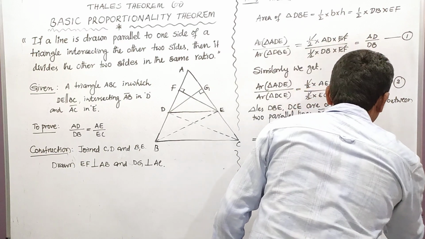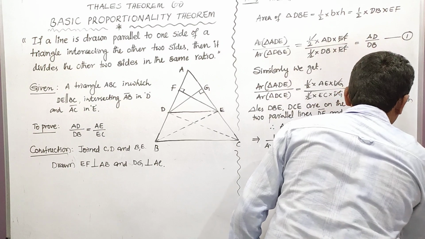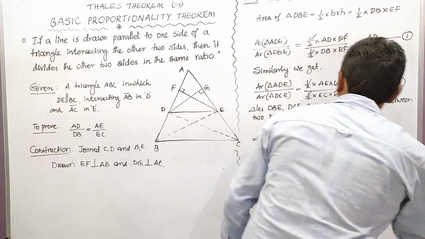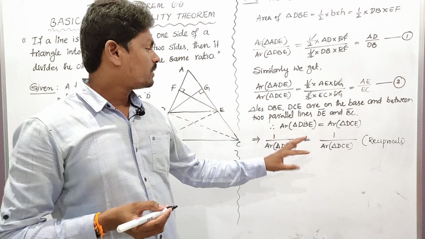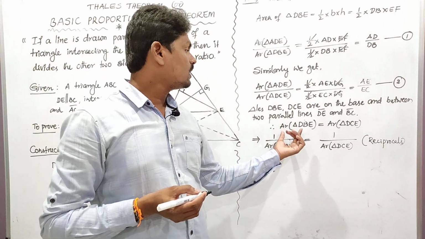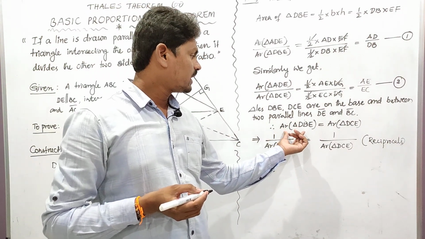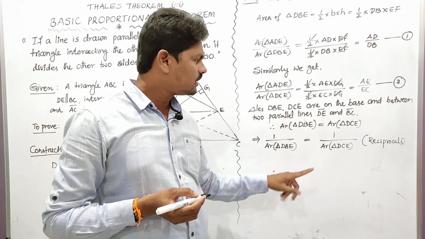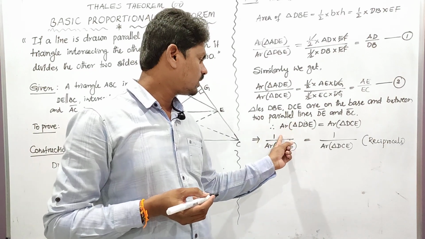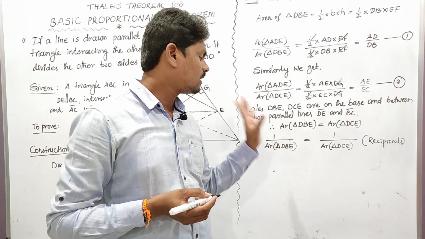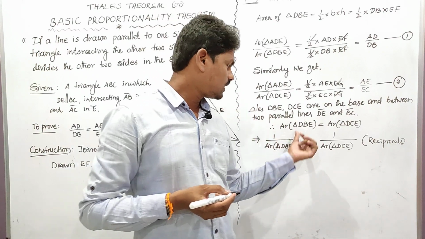Since I have written reciprocals, we just interchange the numerator and the denominator. What was in the numerator goes to the denominator, and 1 goes in the numerator. So this is the reciprocal.